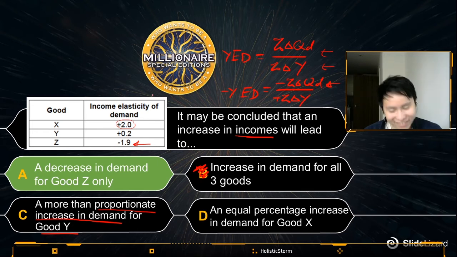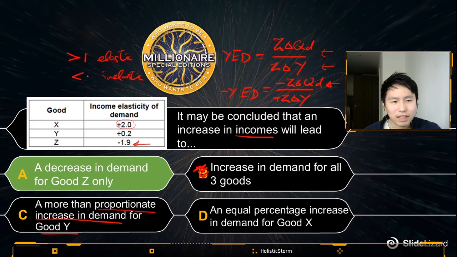For a good to be elastic, it needs to be greater than 1, and for it to be inelastic, it's got to be smaller than 1. So in this case, we would see that for Y, the number is smaller than 1, which means it is inelastic.